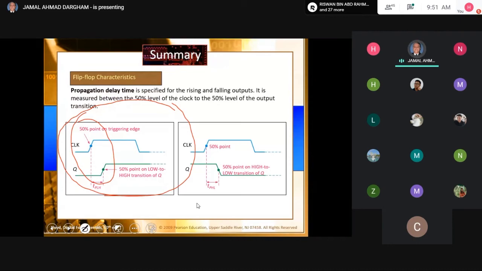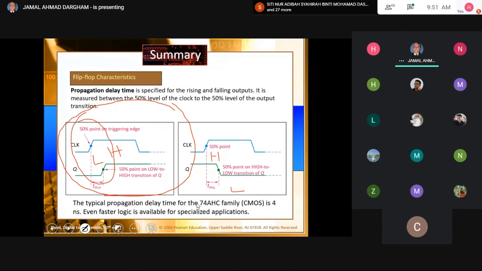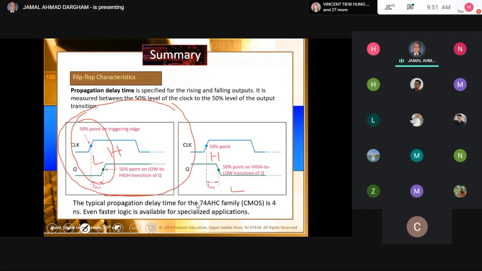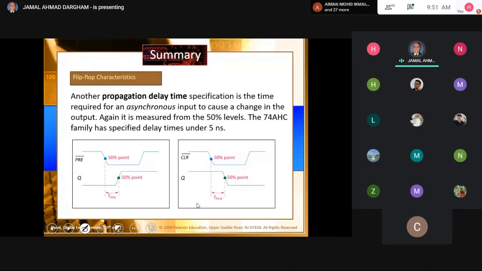This is for positive edge trigger, this one, I mean, this one from, sorry, low to high, and this one from high to low. Okay, this is for synchronous input like JK or D, and this one for asynchronous like preset and clear.